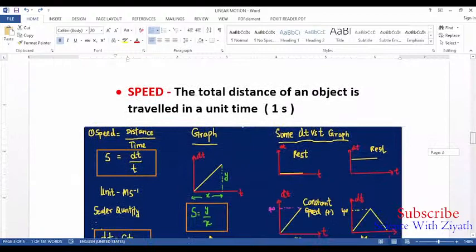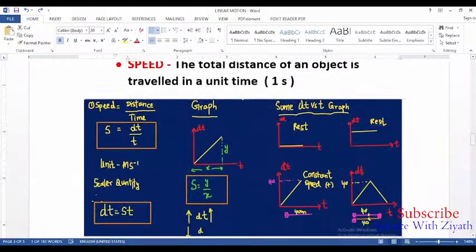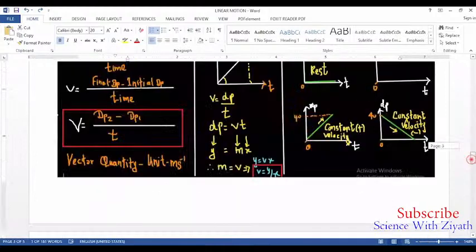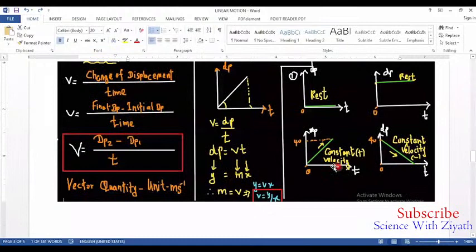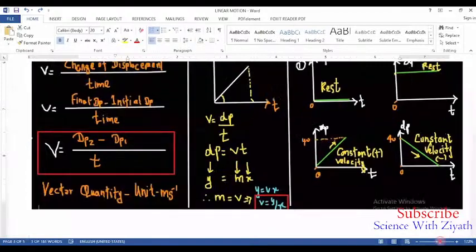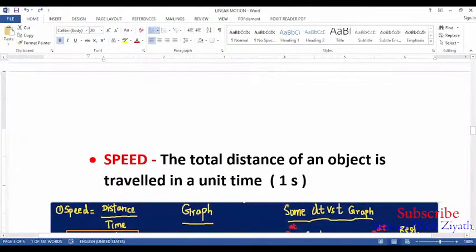Here this would be the constant speed. What is this graph? Constant velocity.